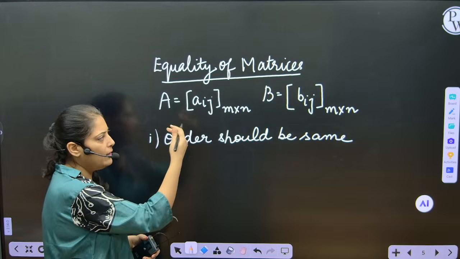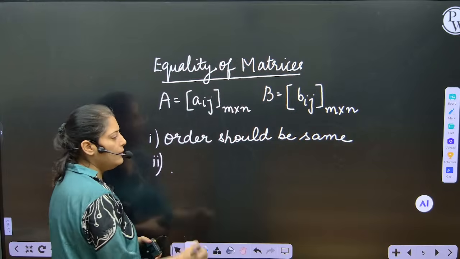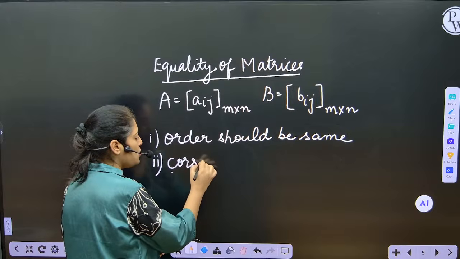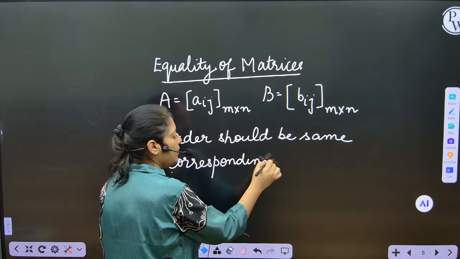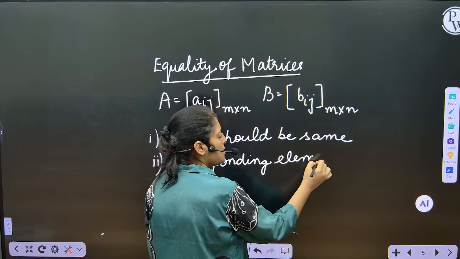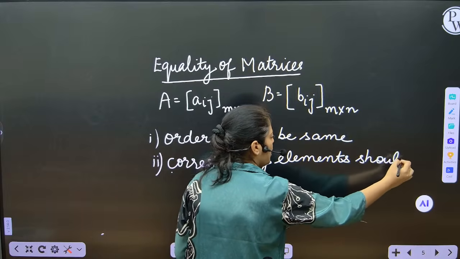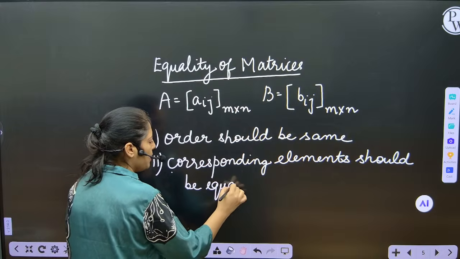If it is not, equality will not happen. Second, corresponding elements should also be the same. I'll tell you the meaning of corresponding. They should be equal or same.